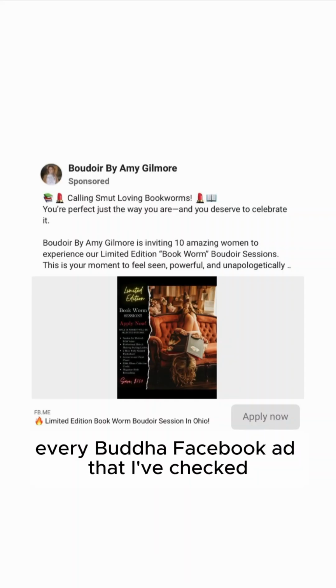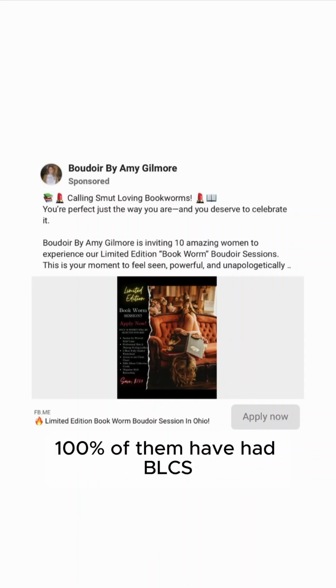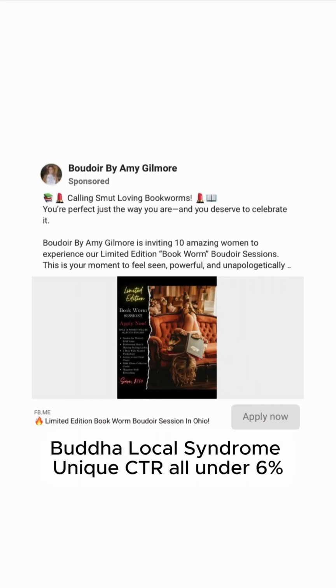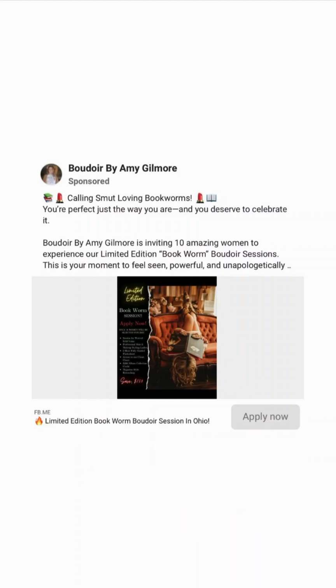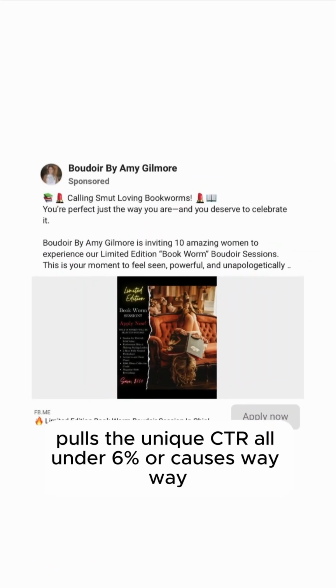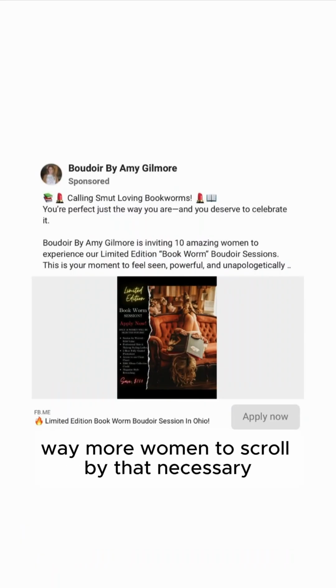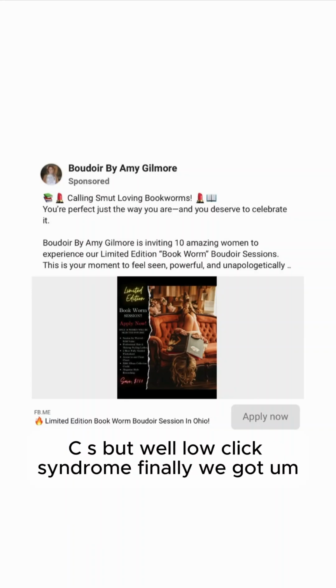Well, every Boudoir Facebook ad that I've checked, that I've seen the back end for, that I've tested, 100% of them have had BLCS, Boudoir low click syndrome, unique CTR under 6%, because everyone's making the same mistakes as everyone else. So this looks-like-an-ad mistake causes way, way, way more women to scroll by than necessary, pulls the unique CTR under 6%, and contributes to BLCS, Boudoir low click syndrome.